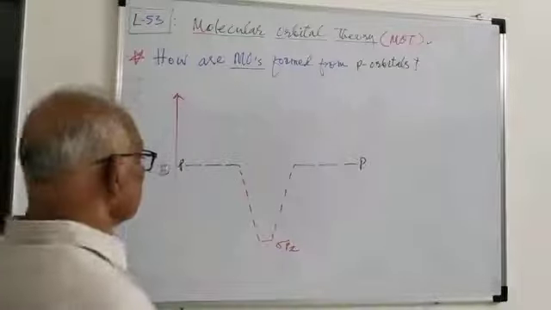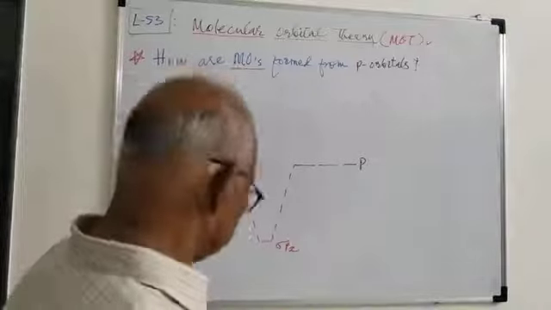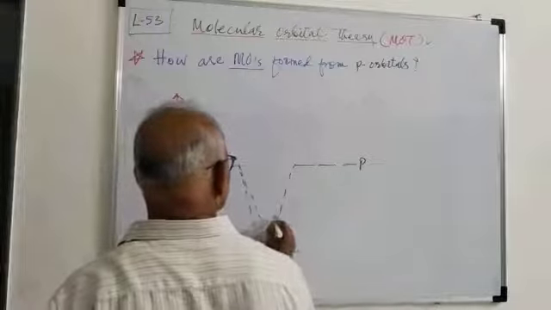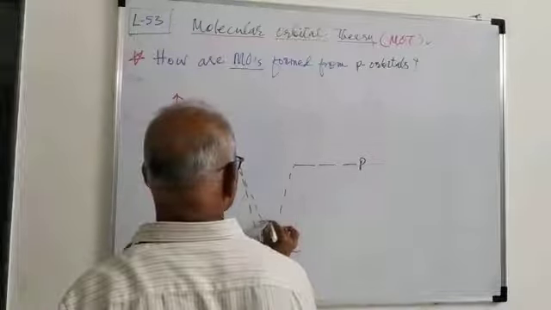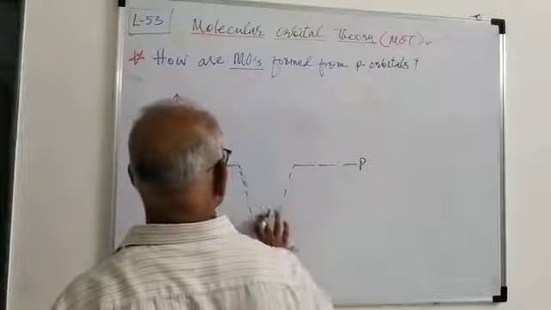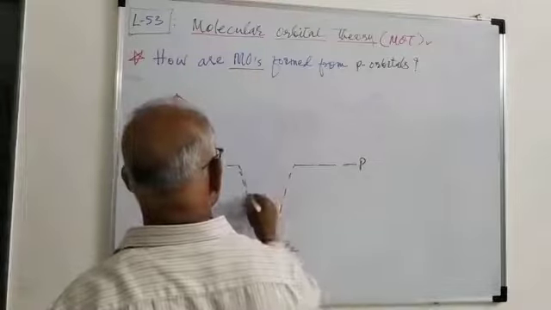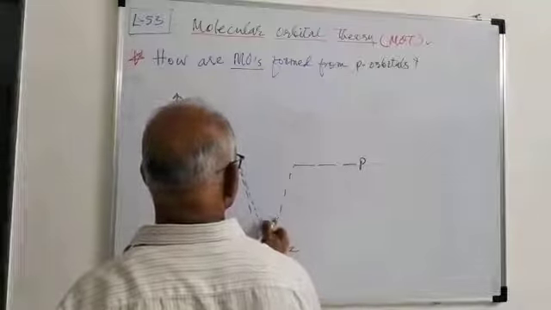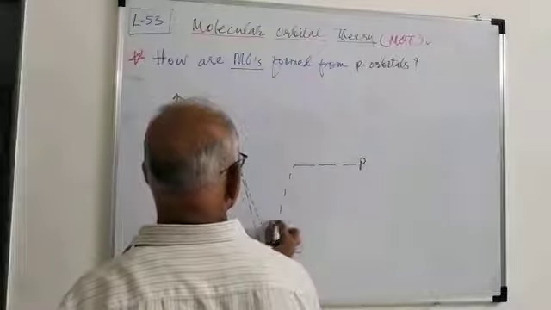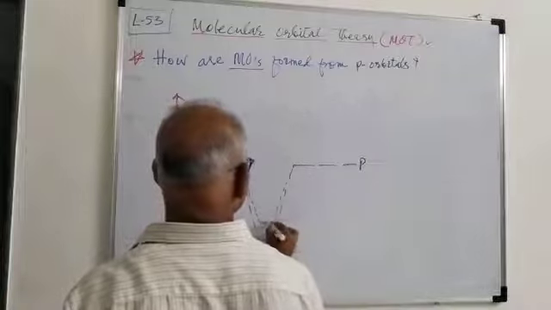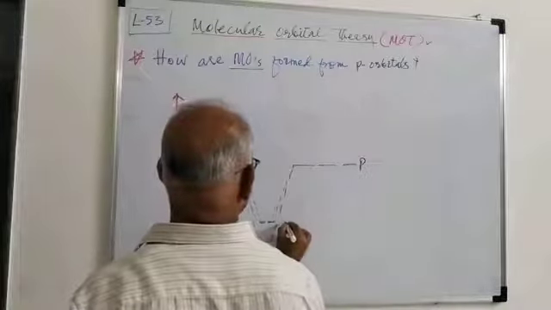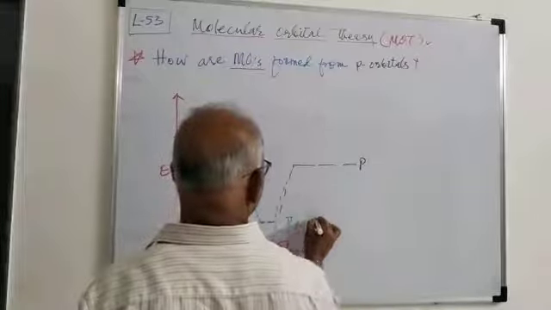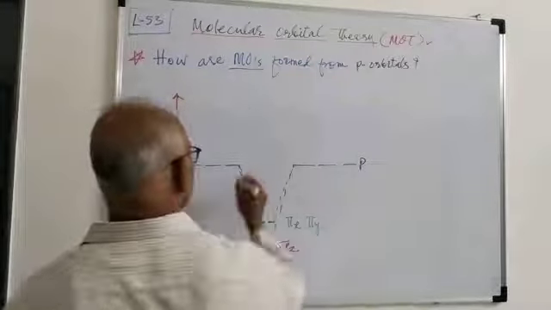Similarly, the antibonding molecular orbital will be formed by linear combination between the px orbitals, so there are two such orbitals, that is pi x and pi y molecular orbitals.